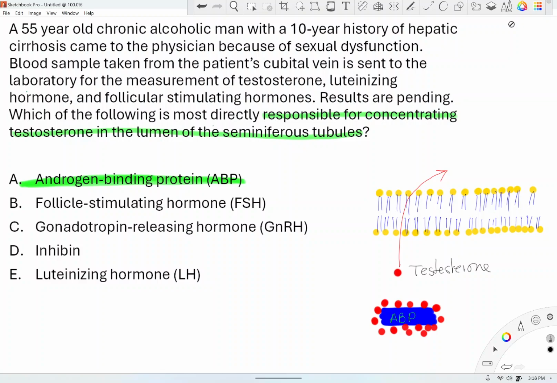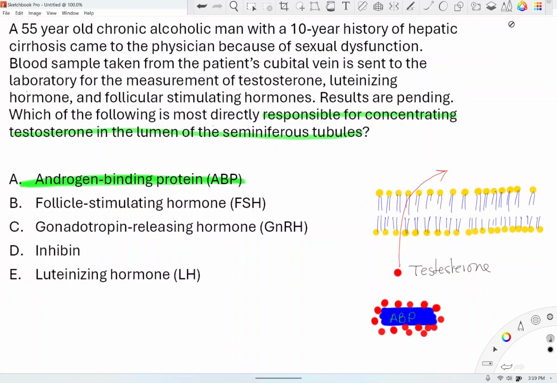Inhibin then goes back in blood, travels to the anterior pituitary and makes it decrease production of FSH. So it's a negative feedback inhibitor of FSH. Luteinizing hormone is produced by the anterior pituitary, goes in blood to the testes, and acts on Leydig cells. Leydig cells are responsible for producing testosterone.